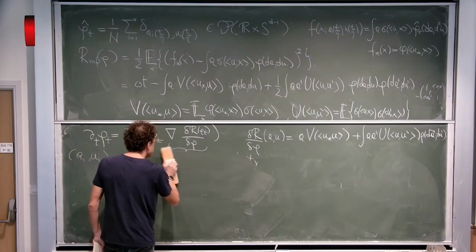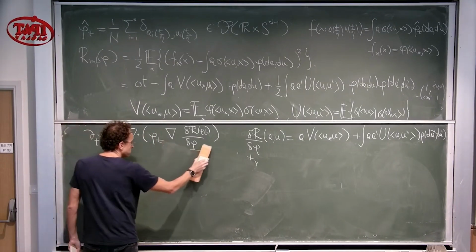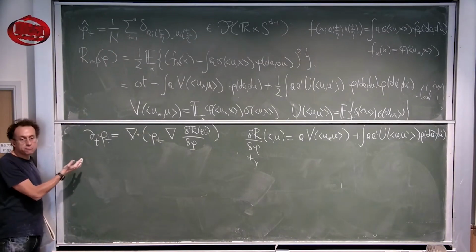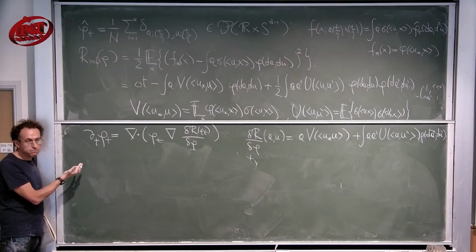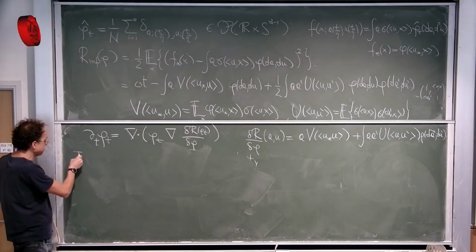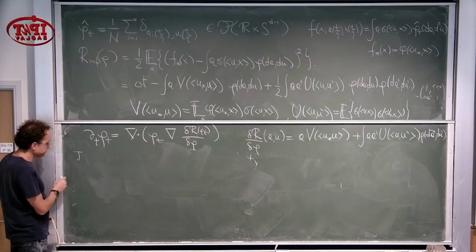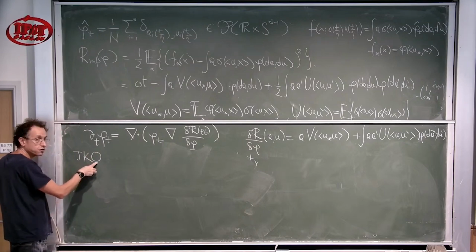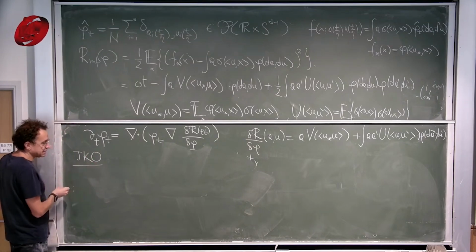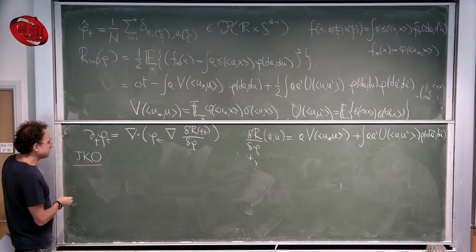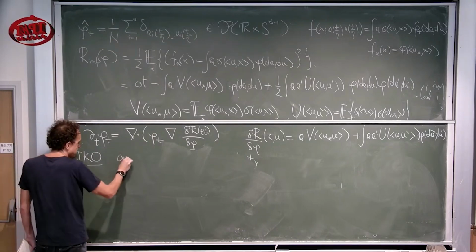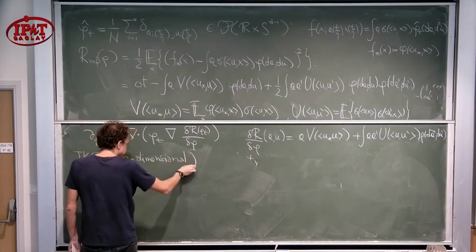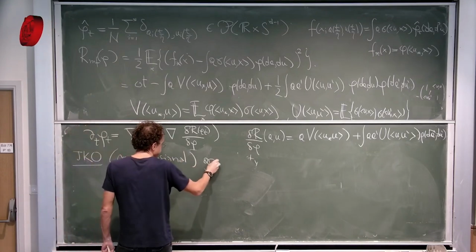Perhaps it's less obvious, less known. It was for sure not known to me until a couple of years ago that there is a beautiful theory of this type of thing that started with a paper of J.K.O., Jordan, Kinderlehrer, Otto, and what these people proved, and then there is a whole theory around it, is that you can interpret this as an infinite dimensional gradient flow.